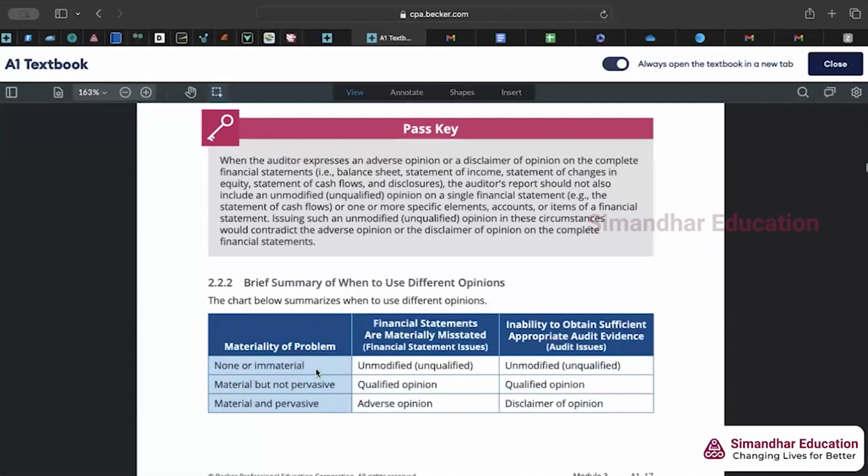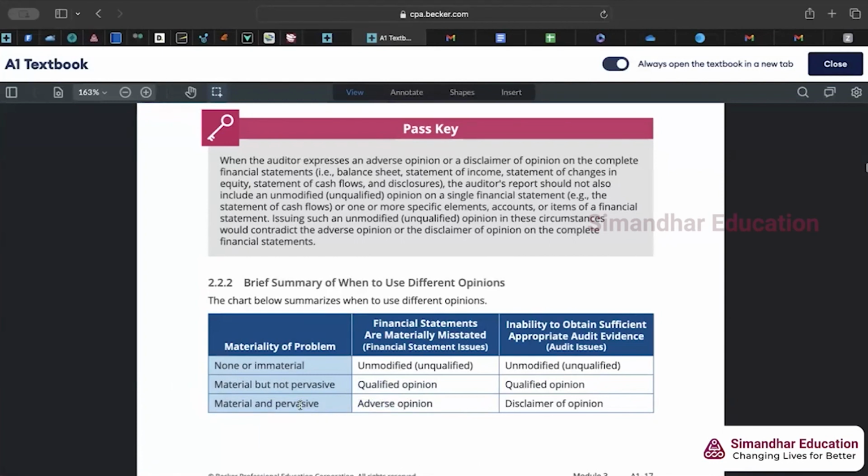If there is no material misstatement, materiality is not a problem, then you give an unmodified or an unqualified opinion. If it is material but not pervasive and it is a financial statement issue, then you give a qualified opinion. If it is an audit issue, you give a qualified opinion. If it is material and pervasive, you give an adverse opinion in case of a financial statement issue.